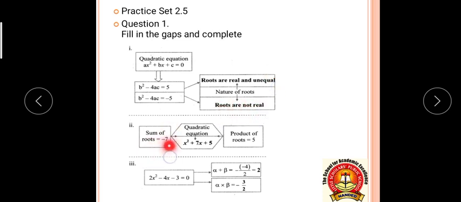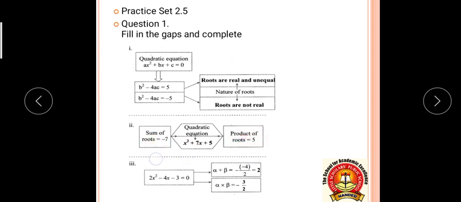Sum of the roots is minus 7, that is alpha plus beta. Quadratic equation x square plus 7x plus 5. Product of roots is 5. Then alpha plus beta is minus 7 here, and product of roots is 5. How is it?